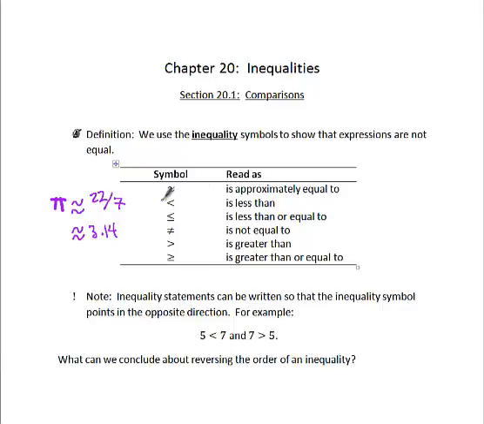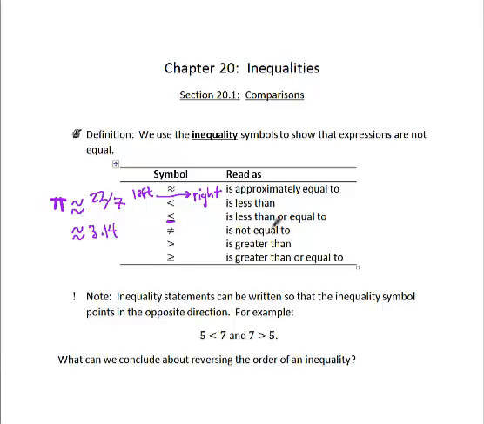The next one is the less than sign, and we are reading it from the left to right. So when read from left to right, is less than. And then here we have another version of the less than symbol with an equal to bar below it. Okay, just one bar. So we can use this in an instance where one number on the left is less than the number on the right, or we could use it in the case where the left and right are the same number.